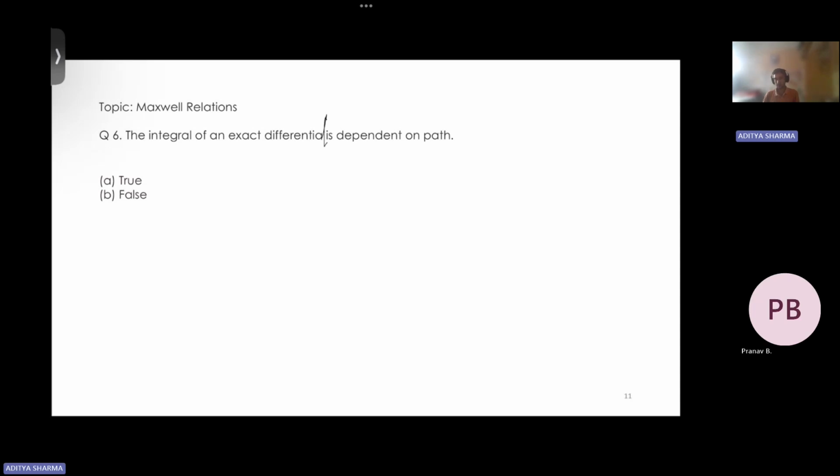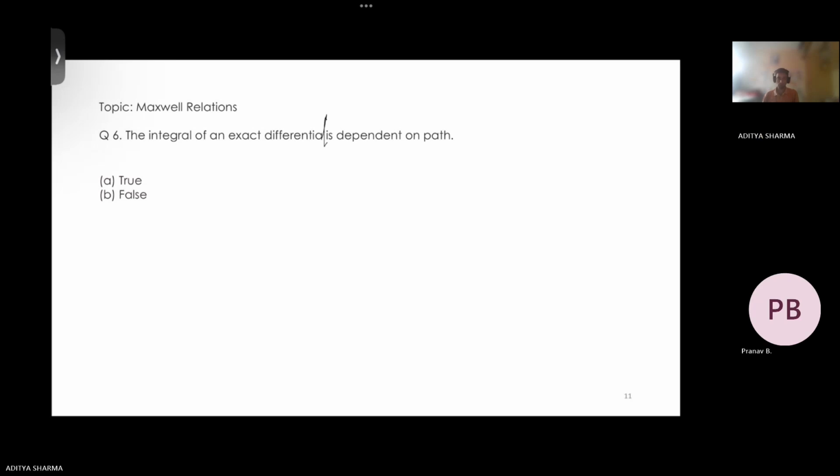So if we want to analyze our thermodynamic system using these properties, and we want to find these properties, in that case exact differentials can prove to be very handy.